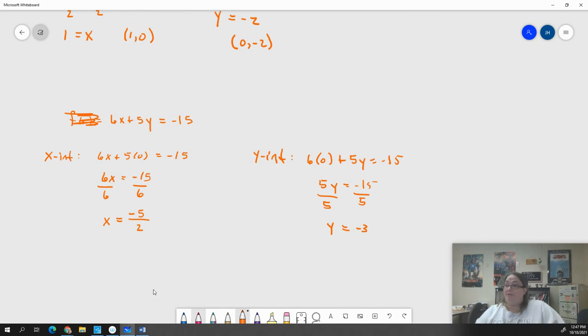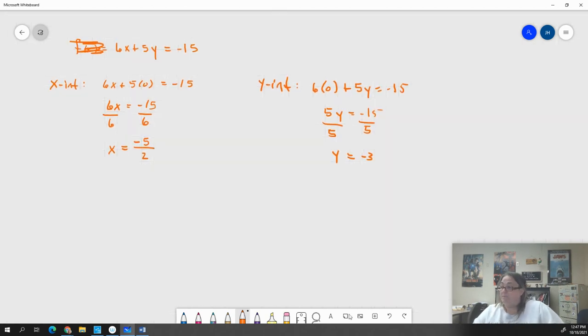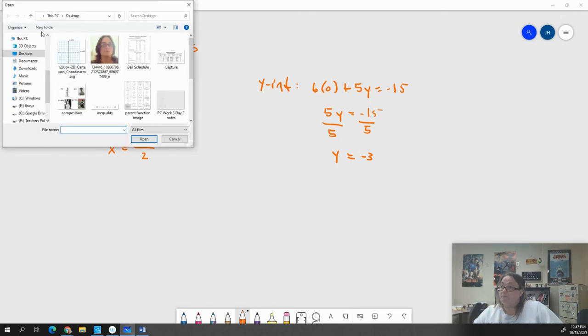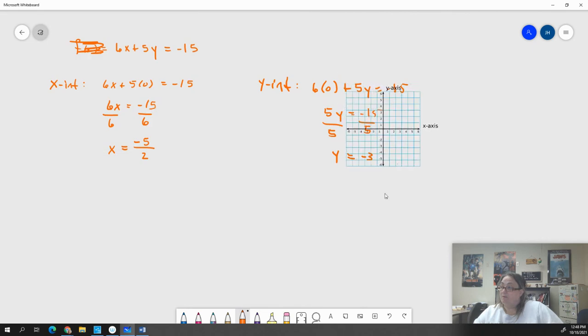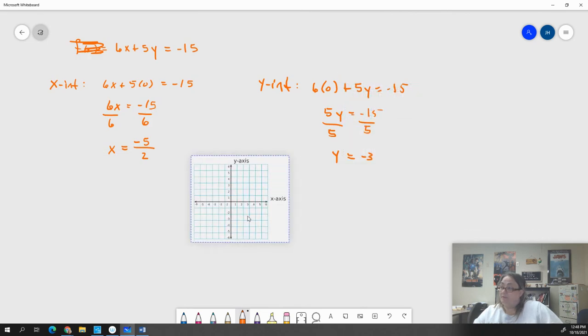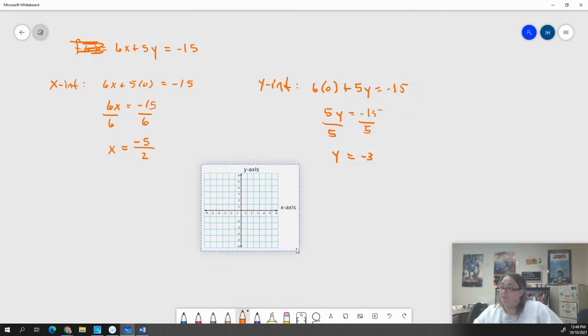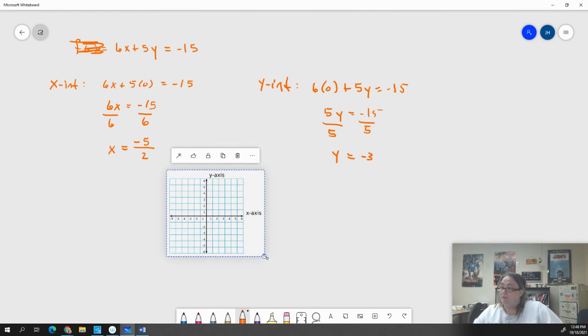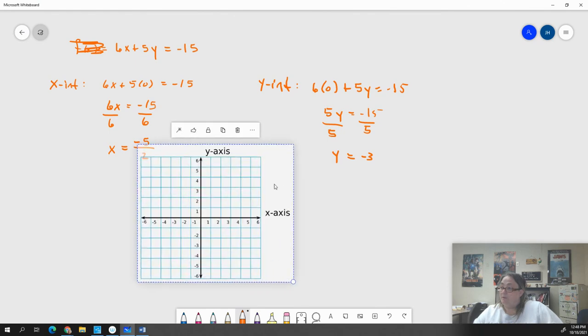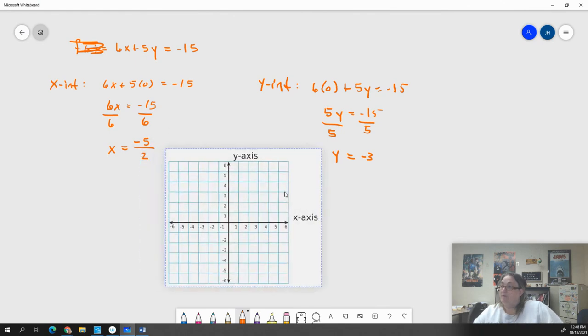If I wanted to graph this, which I easily could, right? We've got these points right here. What do we know? We know x is negative 5 halves.